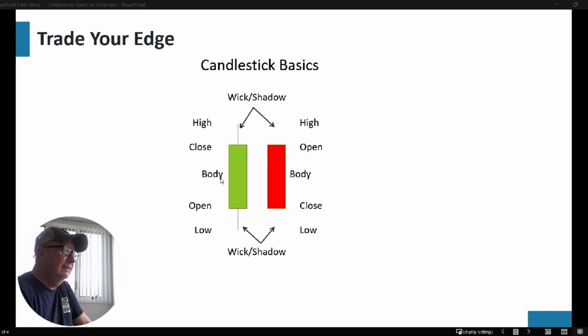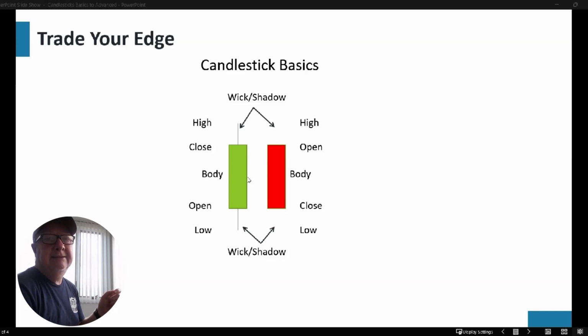First, a candlestick is made up of a couple of parts, the body and a wick or a shadow. The wick can be above or below the candlestick. The body can be wide like this one, or it can be narrow, or basically it can have no body at all. So you just have a line right here.